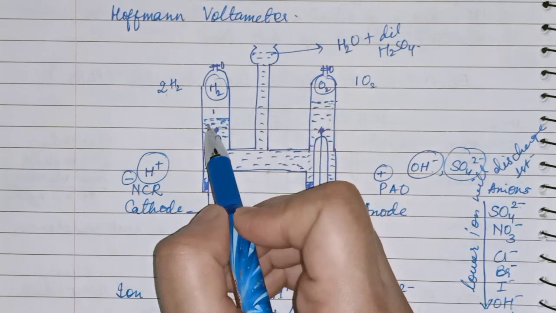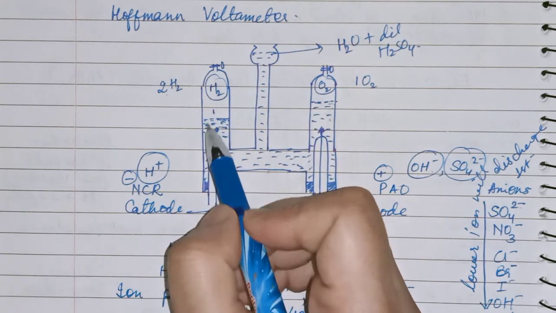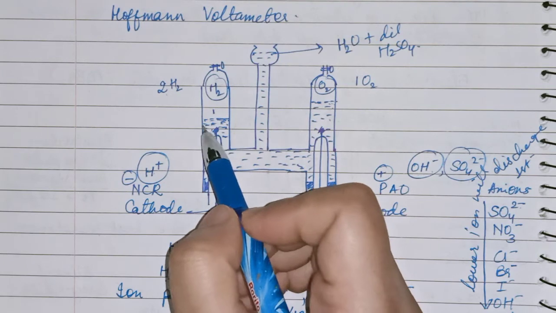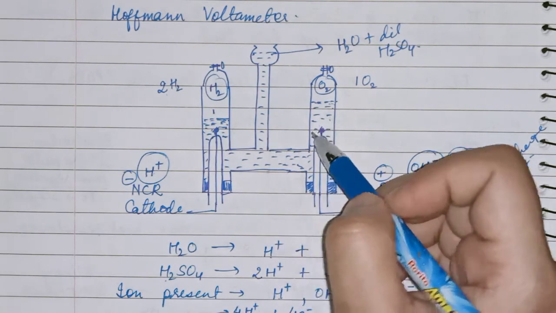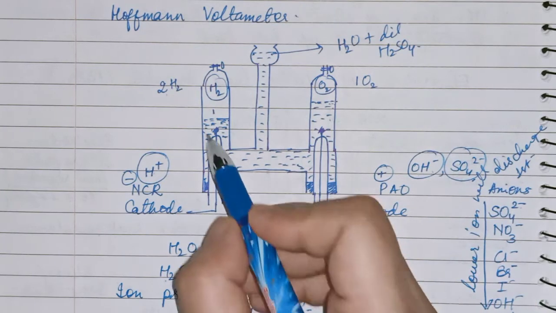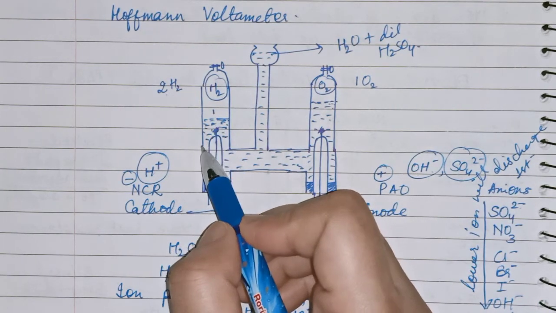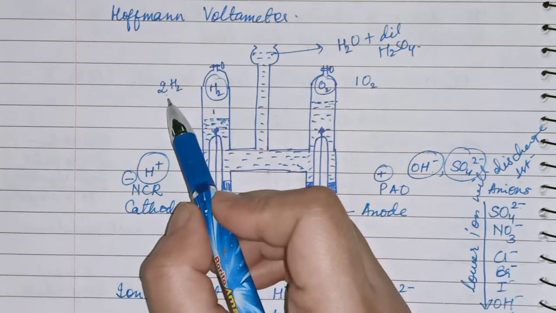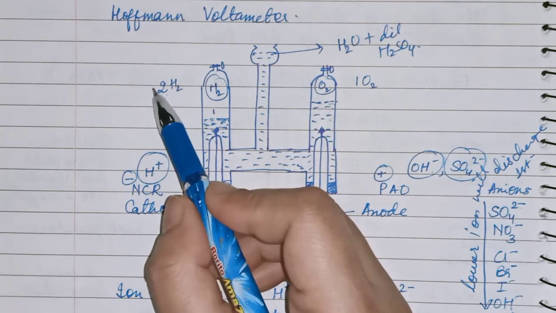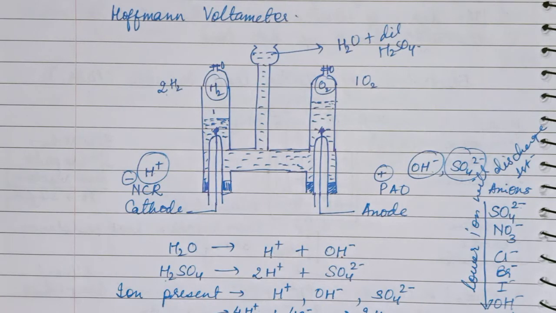So it is applying more pressure on water, so the level of water is a little downward as compared to this. So these points are important. This level will be just lower than oxygen, because the volume of hydrogen is double of oxygen.